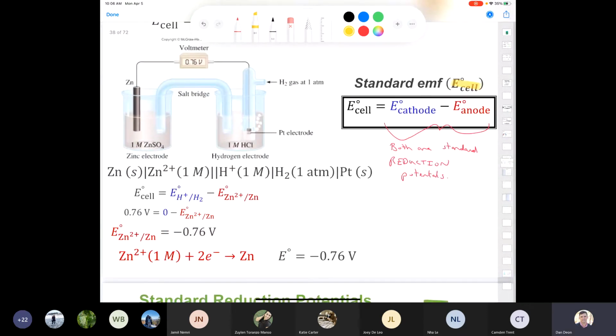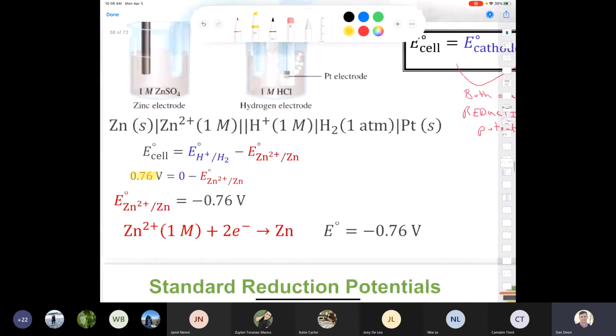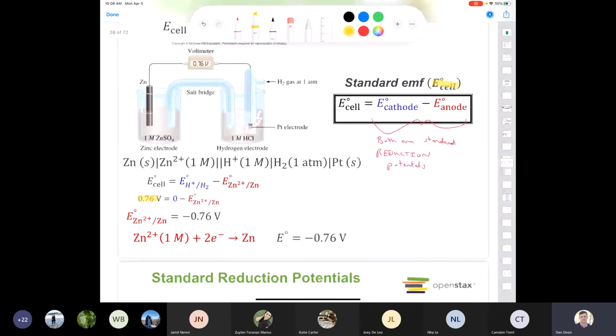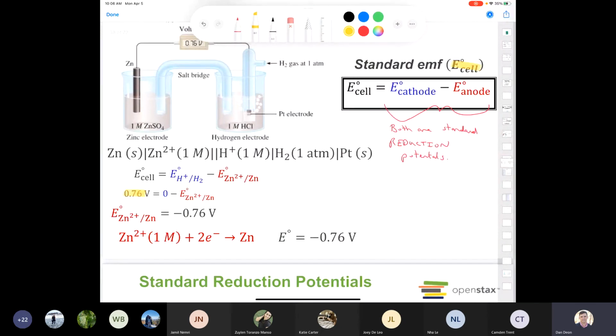So we have the standard potential of our cell equal to 0.76 volts, which equals the standard reduction potential of the standard hydrogen electrode, which is the cathode. It is where reduction occurs. Subtract the standard reduction potential of zinc 2 plus.